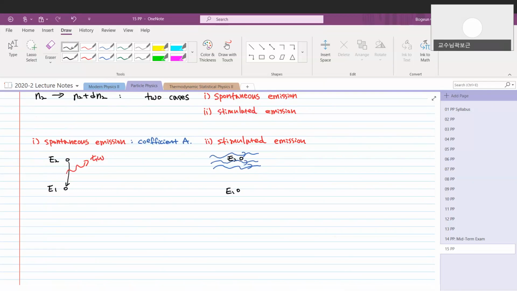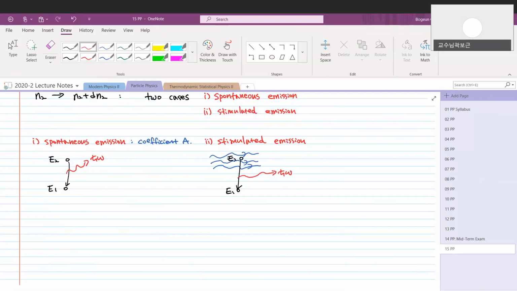Then the atom at E2 moves to E1 because photons hit it. In this process, the atom emits one photon, h-bar omega.